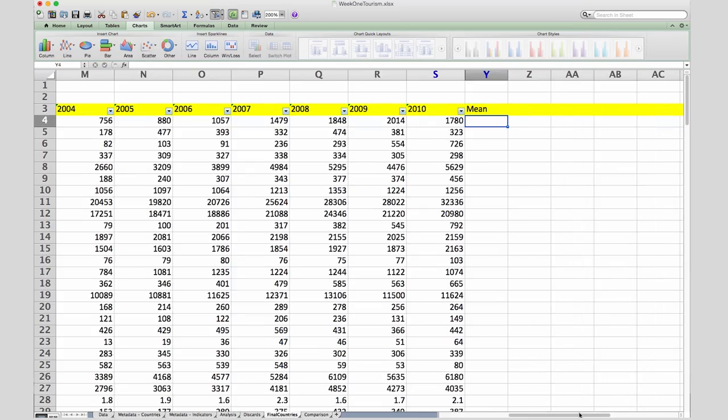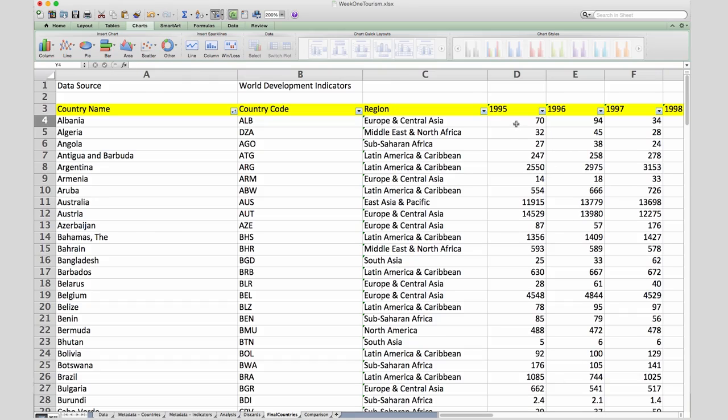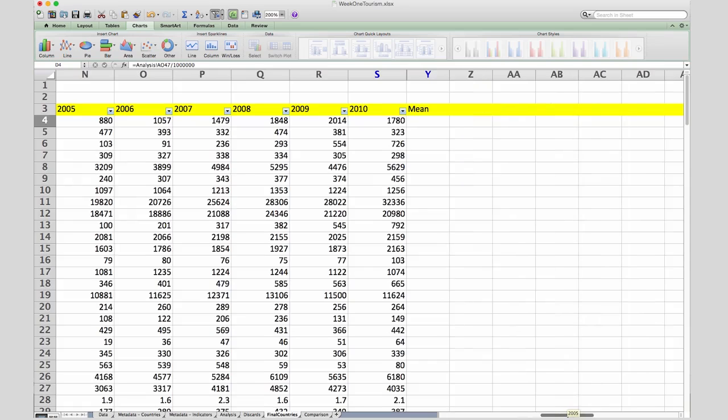And if I were to look at the years, 1995 is at column D and 2010 is at column S. So I will type average of D4 through S4 and I get $760.5 million. That's the average.